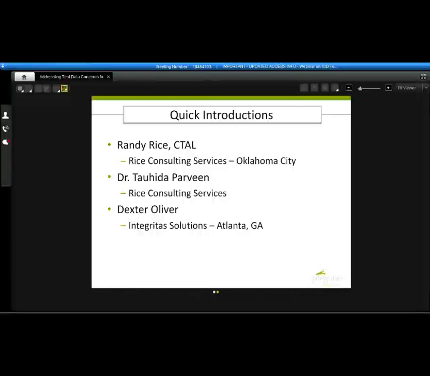I established automation in different companies, created a testing framework for many of them, and basically helped champion how to do testing in an organized manner and not take the ad hoc approach. I've been working with Randy for about a year now, and that's me. Okay, thank you, Tauheed. She did her dissertation on cloud computing, which we also get into in our practice here.